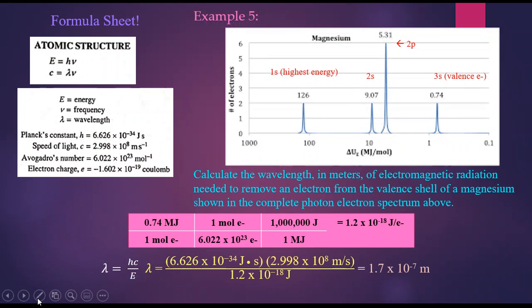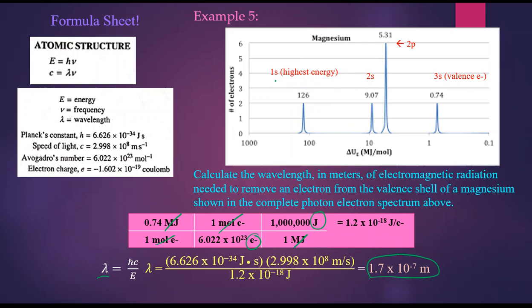Now it's much prettier here on this particular setup. As you can see, the T-chart, same thing. Megajoules cancel with megajoules, moles cancel with moles. You end up with joules per electron here. And then you plug it all in, and I isolated it to lambda over here, and you can get your wavelength.